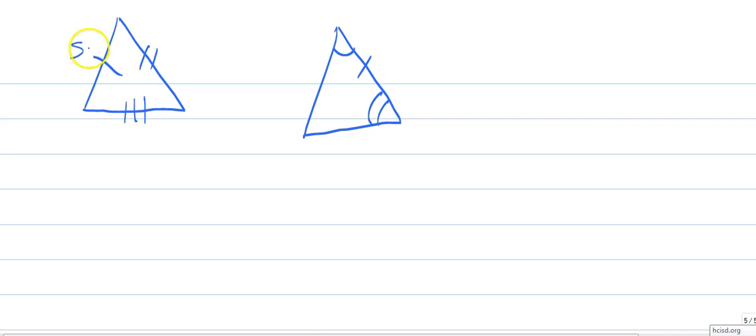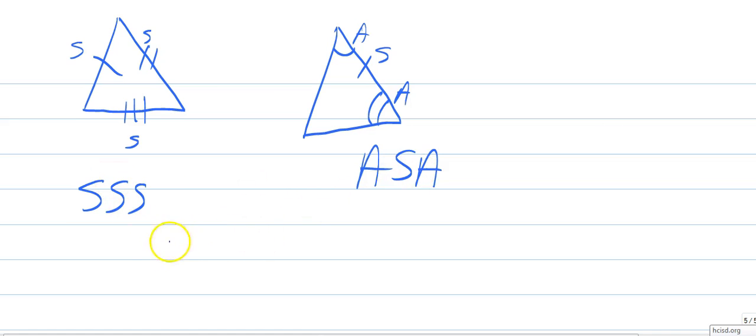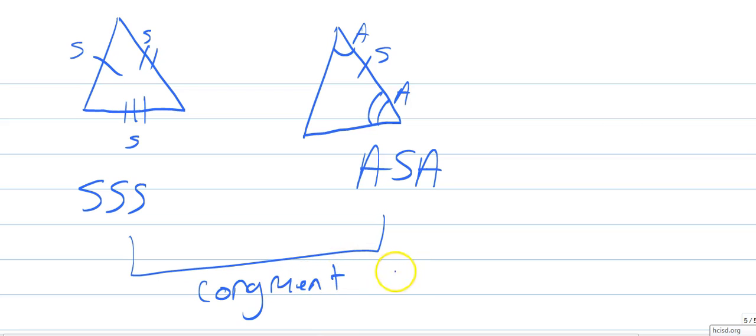Well, this is S, S, S, side, side, side, and this one is angle, side, angle, A, S, A. Side, side, side is one of our triangle congruences, and angle, side, angle is another one. So are these two triangles congruent? No. Because one is side, side, side, and the other is angle, side, angle. They both have to be the same. If they're not the same, then they're not congruent. Even though they both work independently, they have to be the same. So be careful with that.